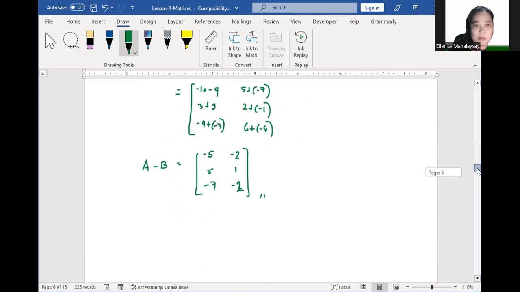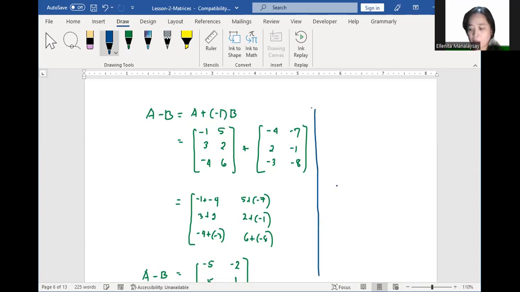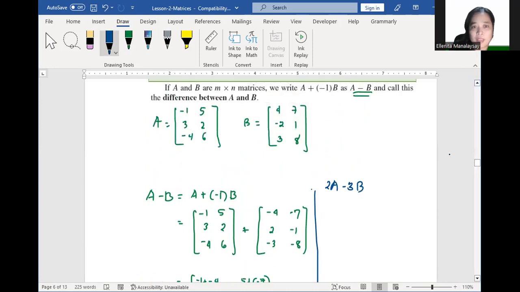So like the previous example, we can extend this. Let's perform another operation. What if we have 2A minus 3B equals. So let's perform 2A minus 3B.